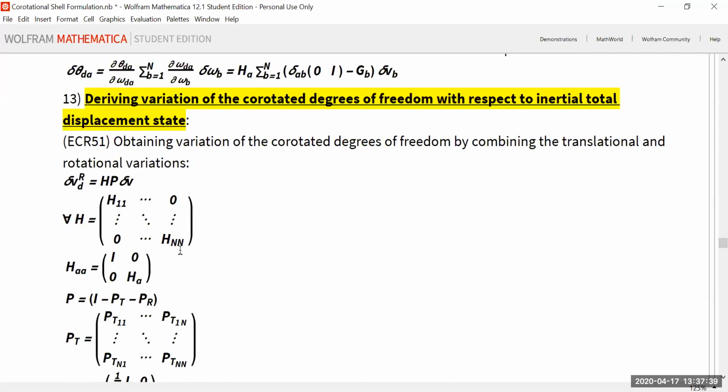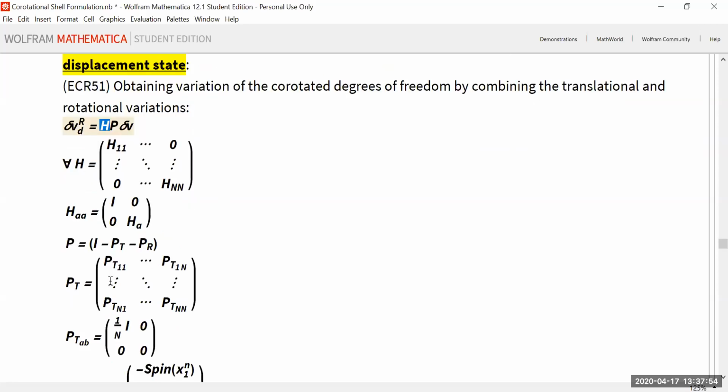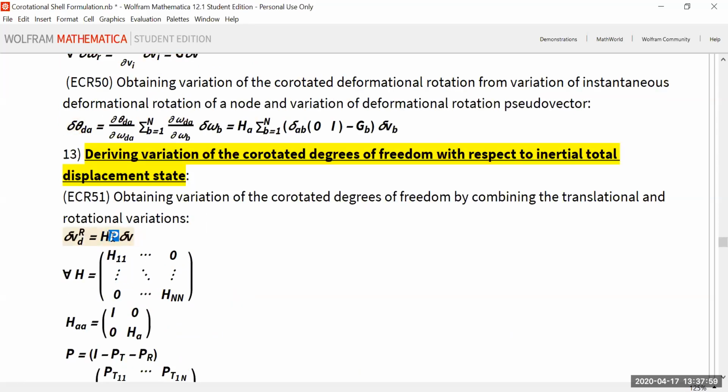And then you're going to also see this other term, which is h. So this h is technically the derivative of your rotation, but with respect to space, so that's going to be a Jacobian term. And then you're going to see, as I mentioned before, this projector. So this projector is going to be in terms of p.